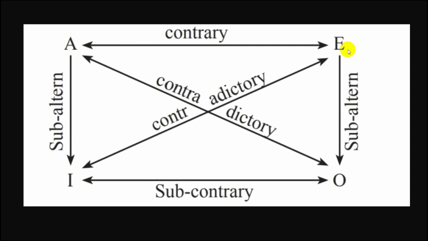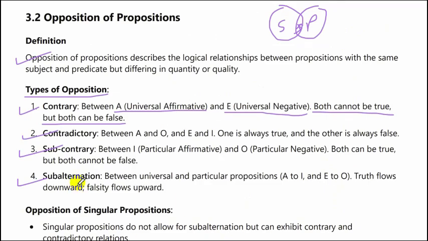Similarly for E, no S are P, and for the O it will be some S are not P. So the meaning will be the same. This is the subalternation. So we have to understand how the truth flows.